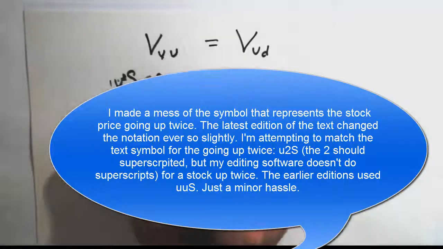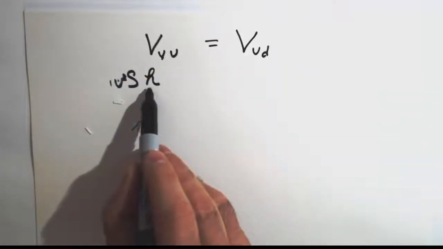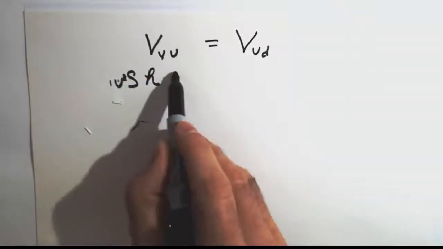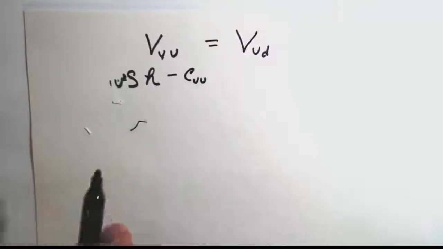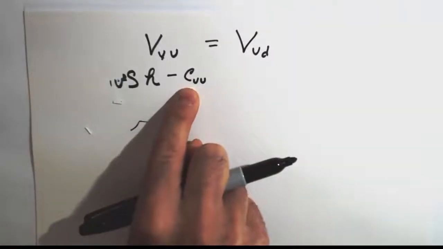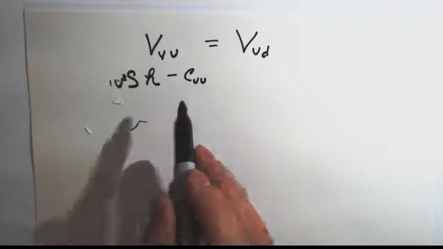The stock went up twice. We're going to multiply it by H, H shares of stock that we have. And we're going to subtract out a call, the value of the call when the stock goes up twice, which again is labeled U.